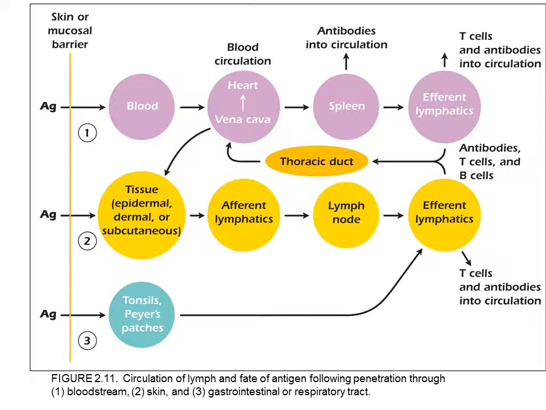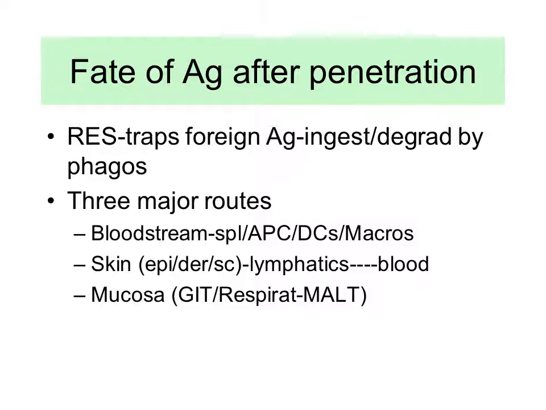Now the question to you is, what is the fate of an antigen? Let's say an antigen wants to enter our body. A bacteria wants to enter our body. A virus wants to enter our body. What is it that we need to do? We need to firstly locate and find out all the options that antigens have.